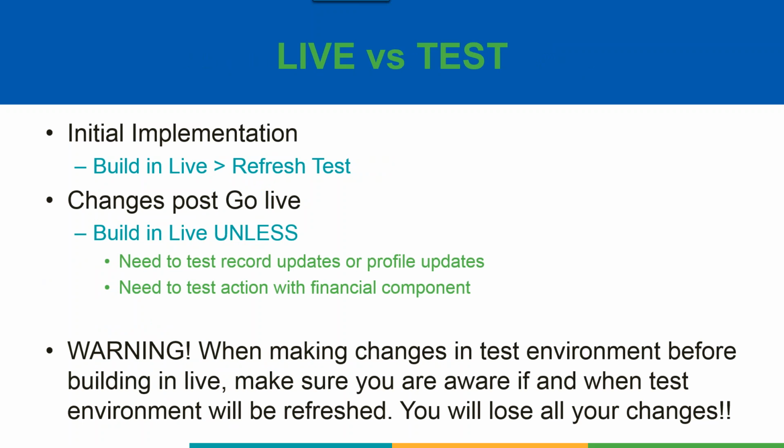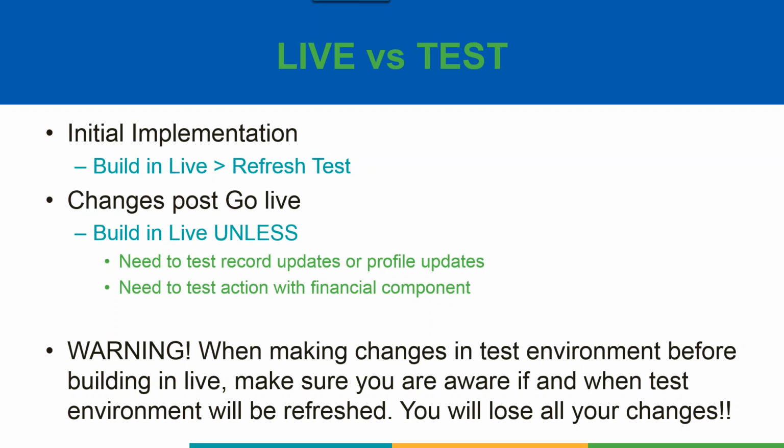Now, I always like to mention a common method with implementing ICE is that we normally complete all the setup in live because it's not accessible to your users yet. And then we refresh your test environment for actual testing. This is easy during an implementation when the system is not accessible to your users, but if your ICE system is live, you should still make most of your updates in your live environment so that you will not have to repeat the process or potentially lose your updates if you're only updating test.